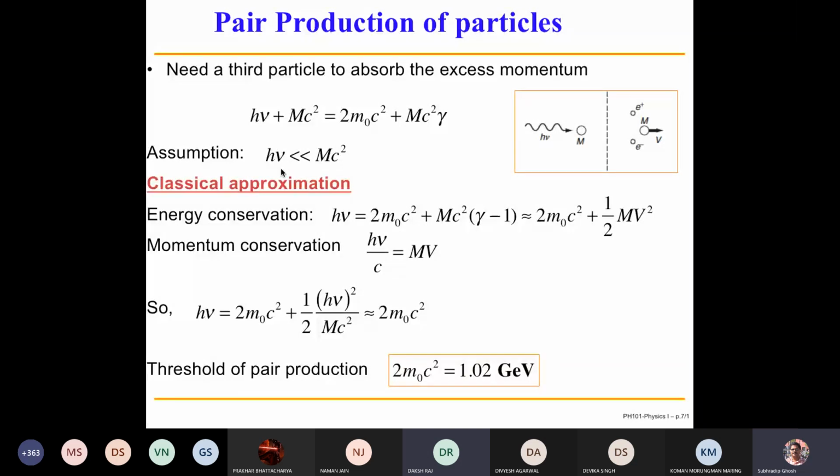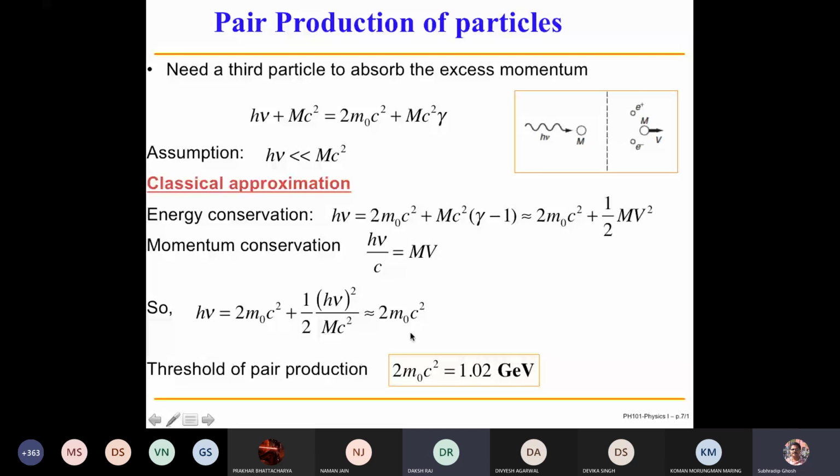So the classical approximation is that this mc square into gamma minus 1. Since this v is much less than c, we can write it in the following way. And to the same approximation, the conservation of momentum will give me this, so that the h nu can now be written in this form once again. Since h nu is much less than mc square, we have h nu roughly of the order of 2 m naught c square.